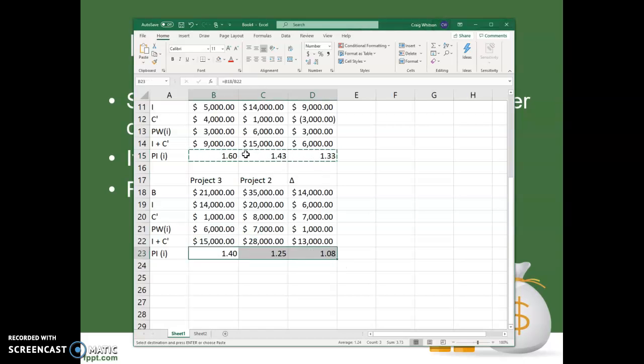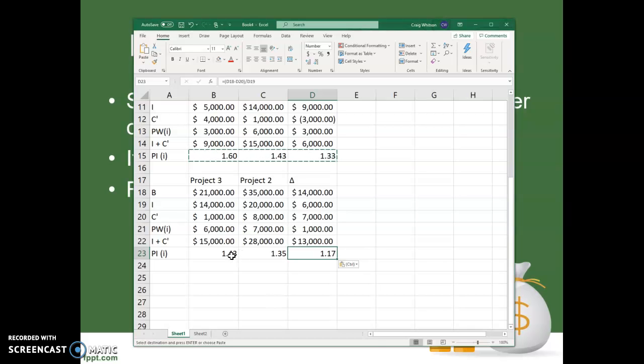I'm just going to take my profitability index formula from round 1 and paste it down here for round 2. Again, we see project 3 has a profitability index of 1.43, and project 2 has a profitability index of 1.35. And the delta between the two has a profitability index of 1.17.